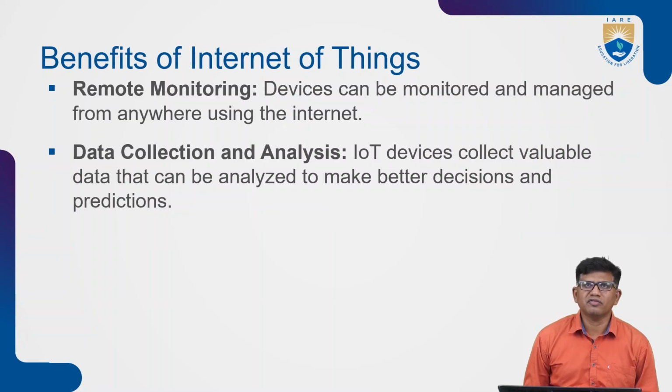Many services are available through various apps, and that is an example of remote monitoring. Data collection and analytics. IoT devices collect valuable data, which can be analyzed to make better decisions and predictions. The sensors are the primary devices which collect the valuable information, and that will be analyzed to make better decisions and predictions.